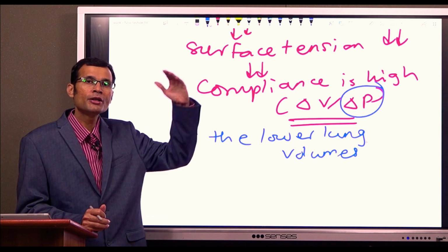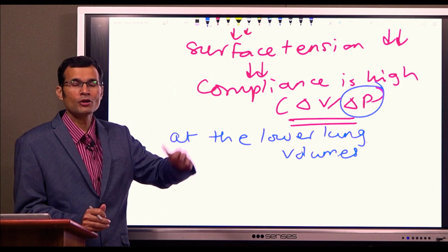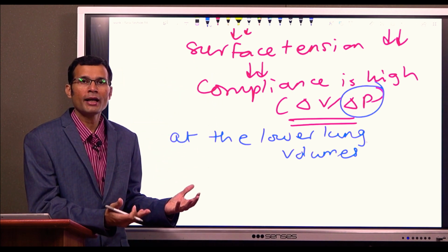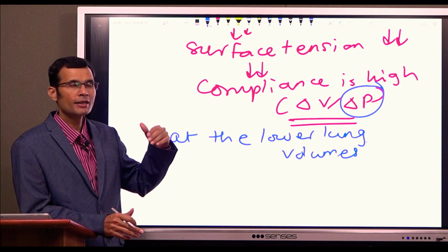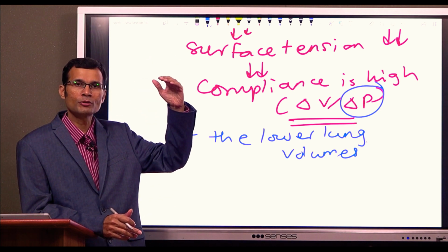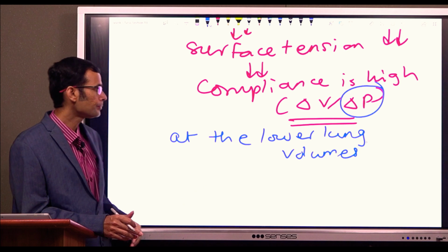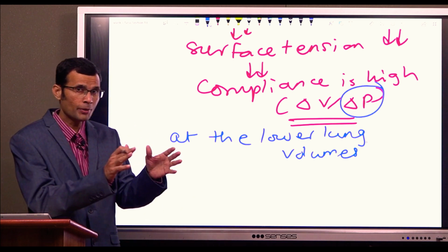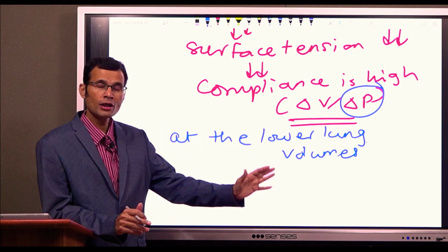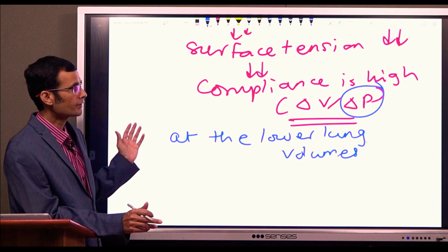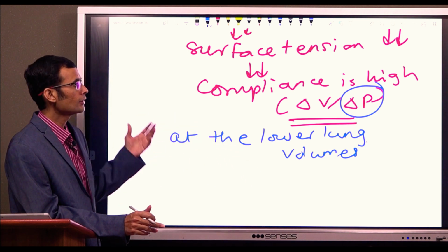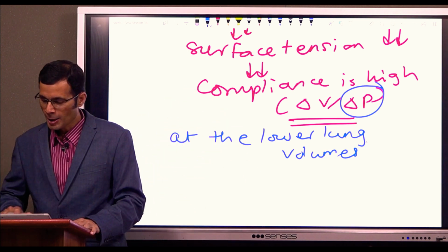That means we are going towards the higher lung volumes, because more and more air is present in the lungs. We will say we are near the higher lung volumes by the end of inspiration. So, remember this, at the lower lung volumes, at the start of inspiration, the compliance is high.